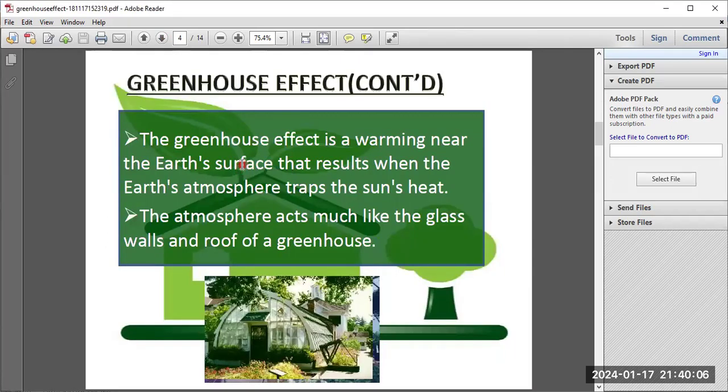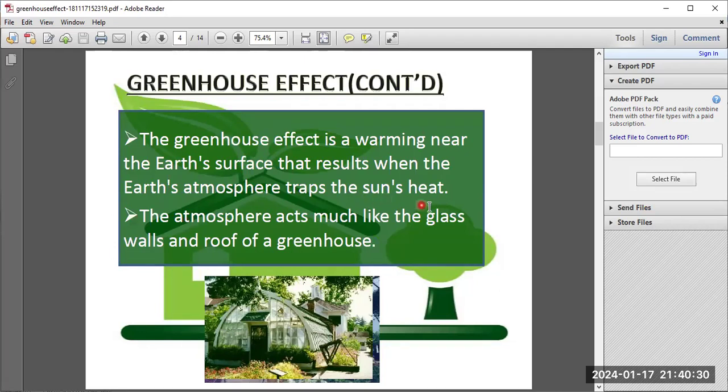The greenhouse effect is a warming near the Earth's surface that results when the Earth's atmosphere traps the sun's heat. Means it happens near the Earth's surface and it traps the heat from the sun coming towards the Earth's surface.